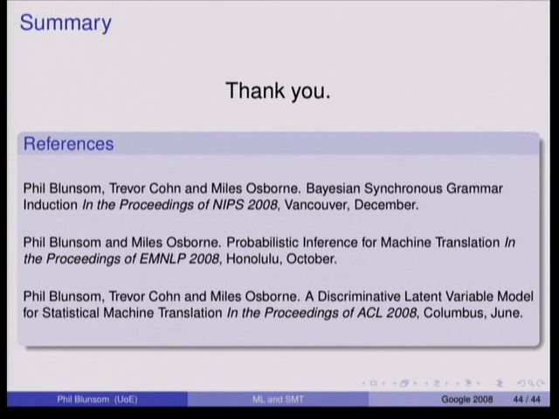If you talk to Percy and the Berkeley guys, they've kind of gone cold on the hierarchical Dirichlet process. It's very difficult to get the prior to do exactly what they want.